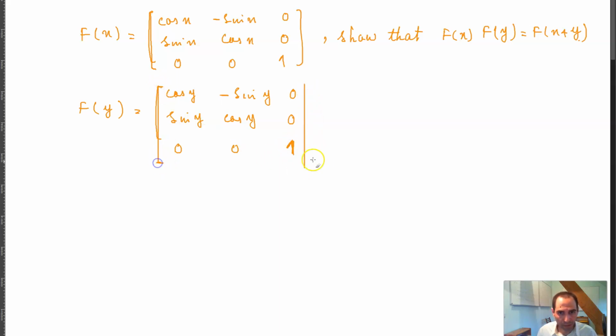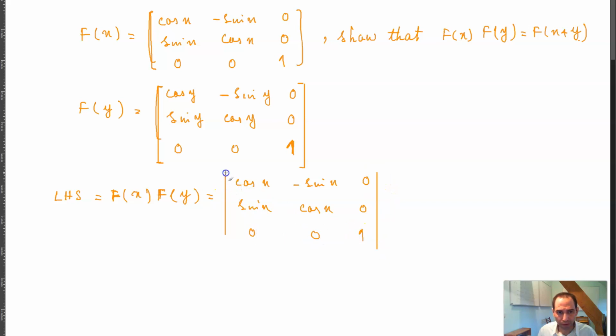And so then the LHS becomes f of x times f of y, which is equal to the matrix cos x, negative sine x, 0, sine x, cos x, 0, 0, 0, 1, and then f of y is this matrix here, which is cos y, negative sine y, 0, sine y, cos y, 0, 0, 0, 1.